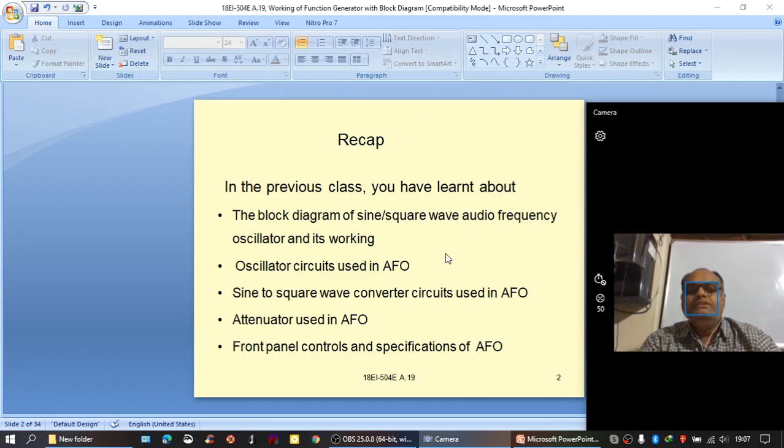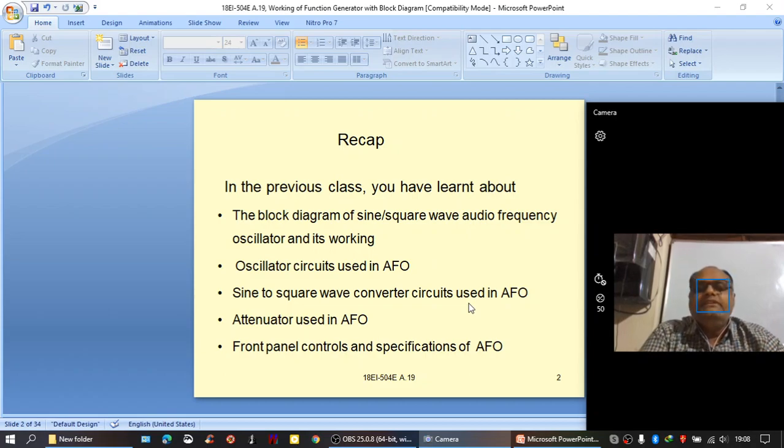The oscillator used is generally RC oscillator for audio frequency range, and in RC oscillators also a Wien bridge oscillator is widely used because it produces oscillations with good frequency stability and distortion less oscillations are generated.